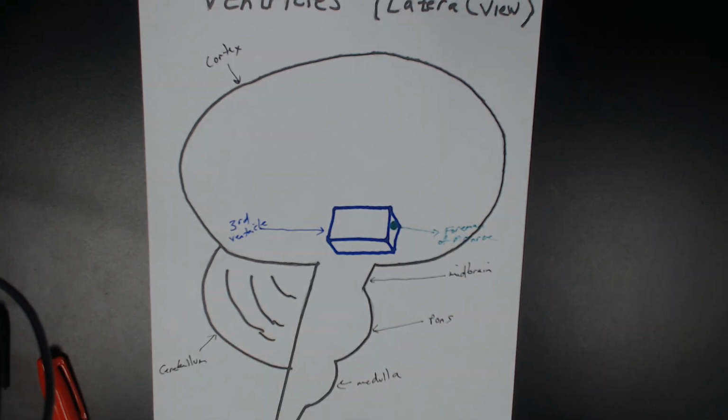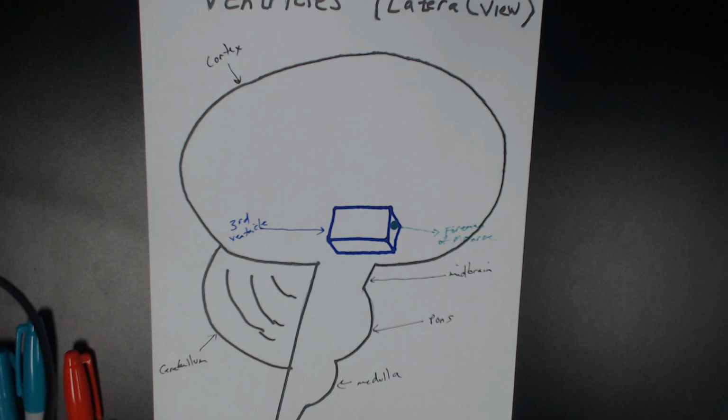The foramen of Monro is nothing more than a small opening in the top portion of the third ventricle. Since you have a hole there, that means it's connected to something, and what it's connected to is actually the lateral ventricle. So the foramen of Monro connects the lateral ventricles to the third ventricle.